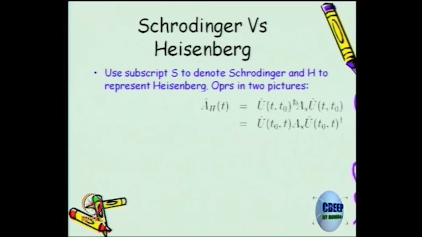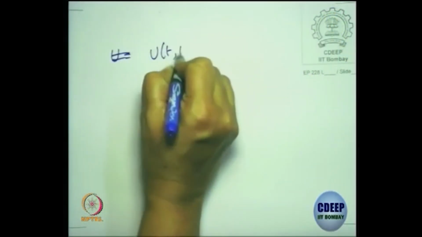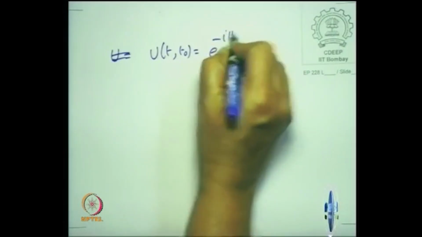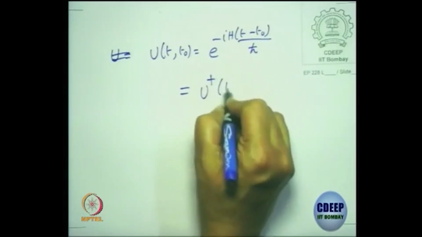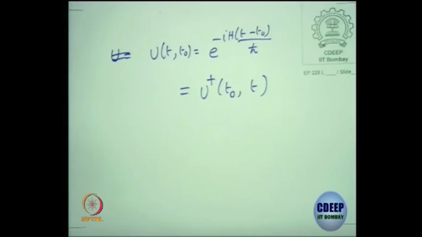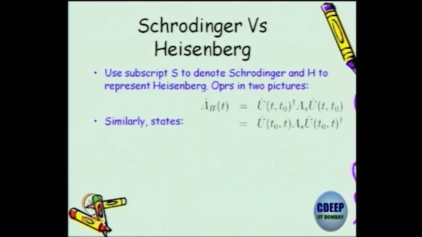The dagger operation from t to t naught or t naught to t can be equivalently written without the dagger, but interchanging the initial and the final time, right? Instead of going from t naught to t, you can go from t to t naught, which is an inverse step. These are things which you should play around with, the unitary operators. You can write U of t comma t naught. You can also write this as U dagger of t naught comma t, right? Both are same. The ones which I have written here are for the operators.